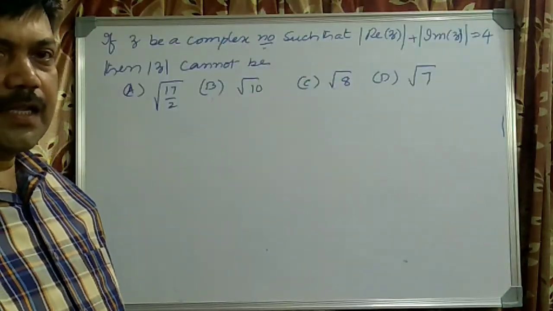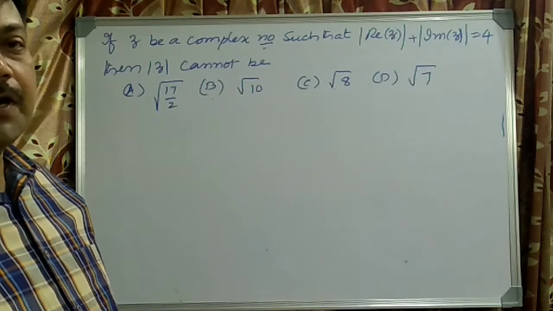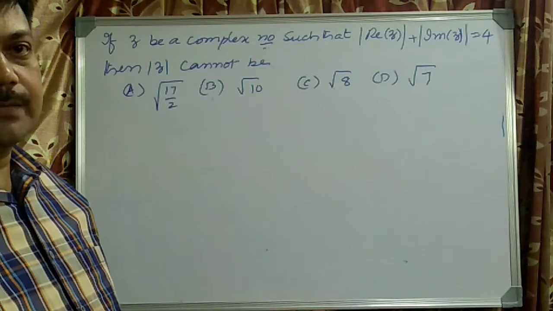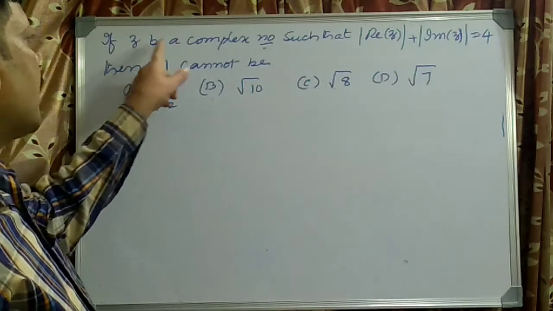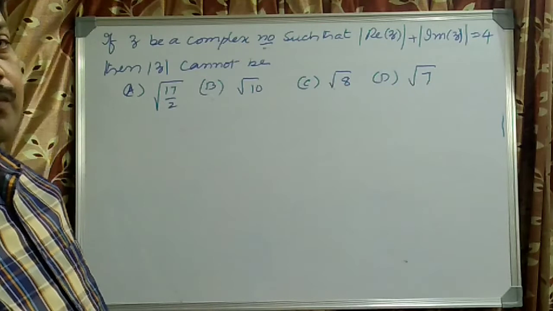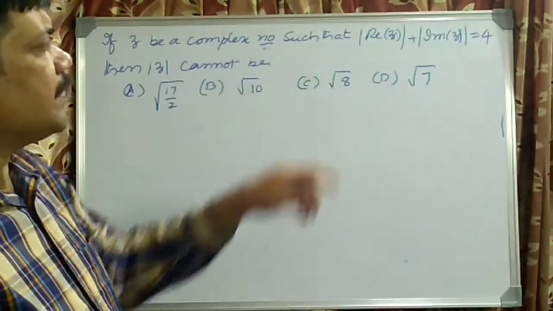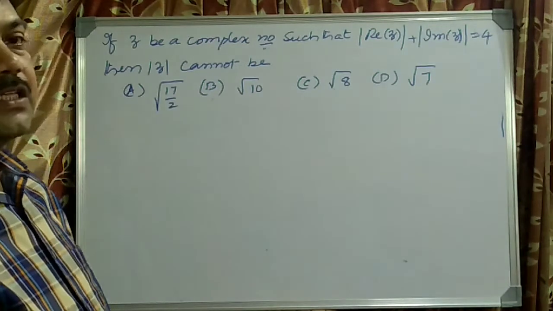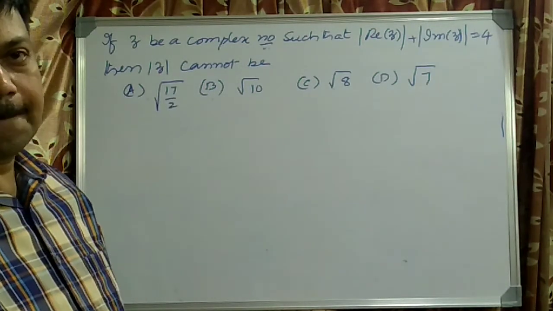Let us deal with another problem. This is also related with the geometry part of the complex numbers. Right? Let z be a complex number such that modulus of real part of z plus modulus of imaginary part of z is equal to 4, then mod z cannot be.